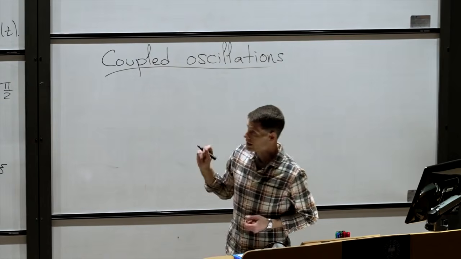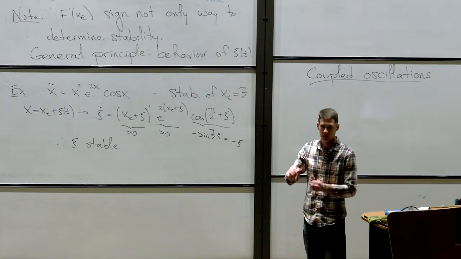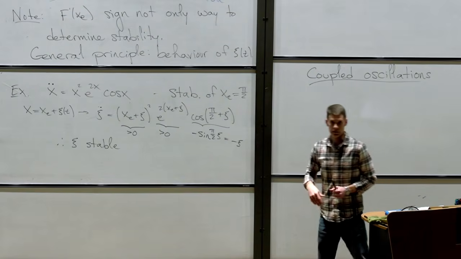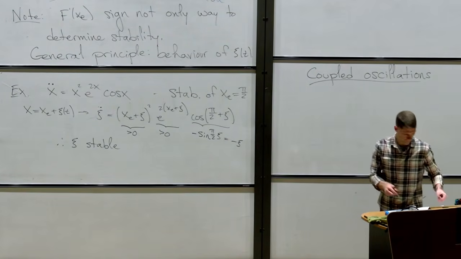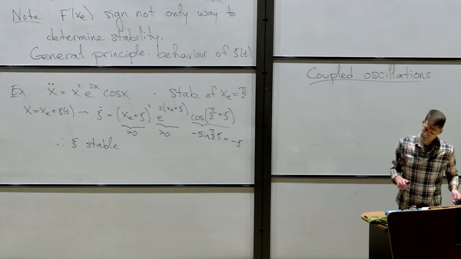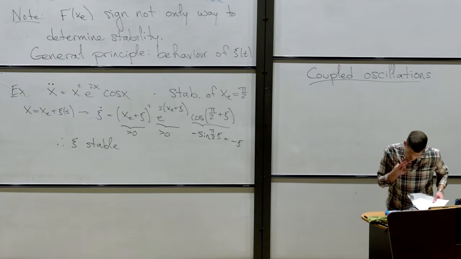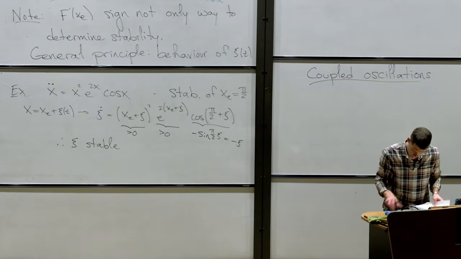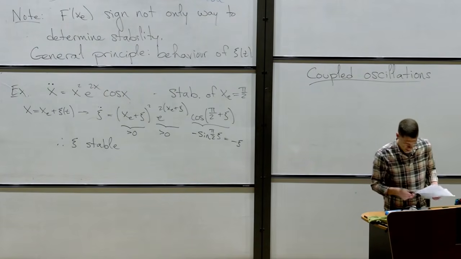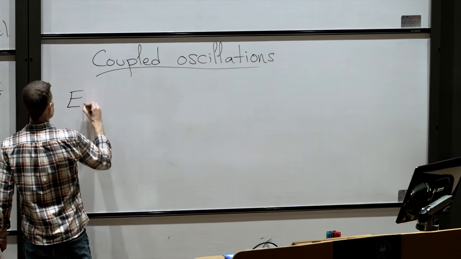And the main idea is that this argument that we've been making about stability, perturb and look at the behavior, works for systems of equations as well. To give a motivating example, let's imagine the following system.